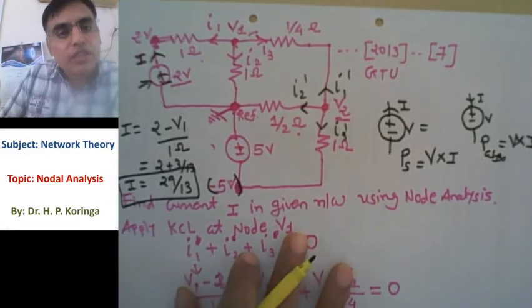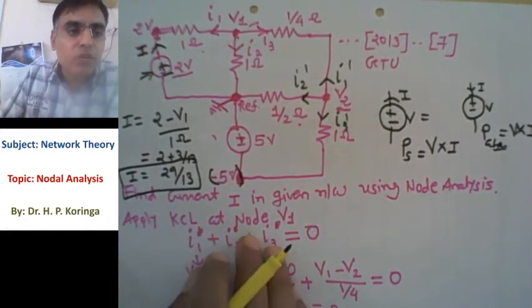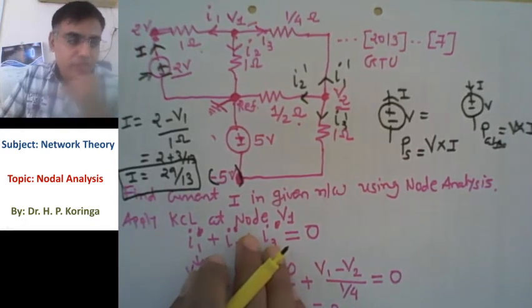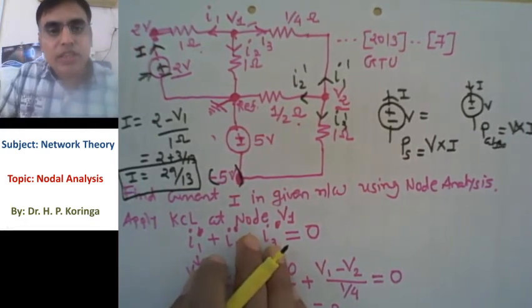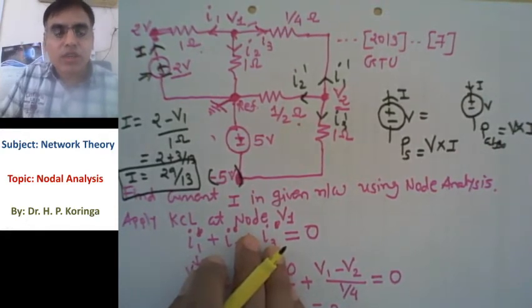The question may ask whether this 2 volt source will supply power or dissipate the power, and you can say it according to the direction. So we have solved another example, two examples which have a resistive network with independent sources.